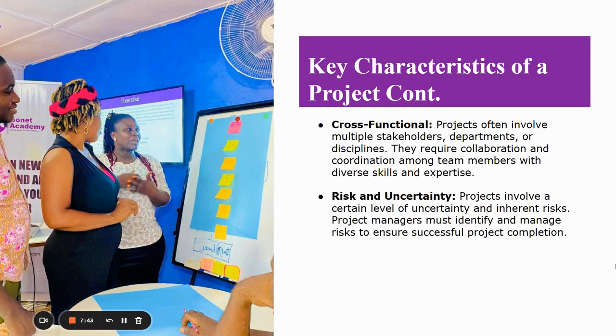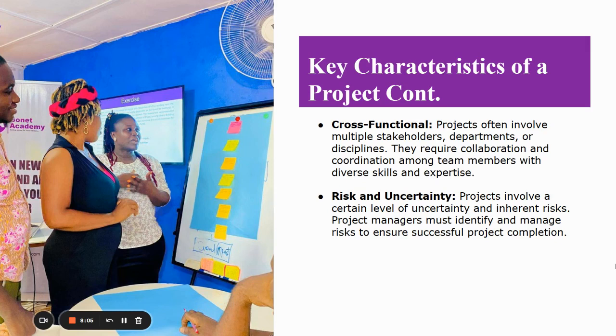Also, we look at projects in the form of risks and uncertainty. Every project is implemented considering uncertainty and some kind of risk because everything we plan on the book will not be exactly as it will be when we are implementing the project. There might be changes, there might be circumstances and other challenges we encounter through the implementation process.